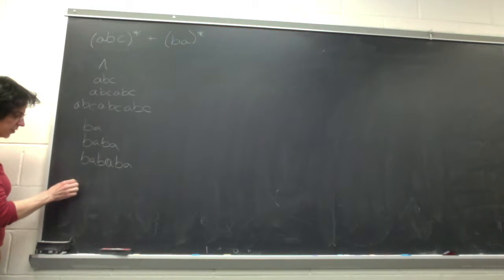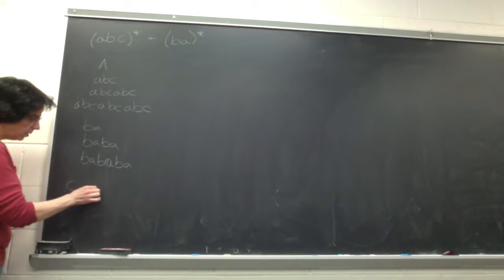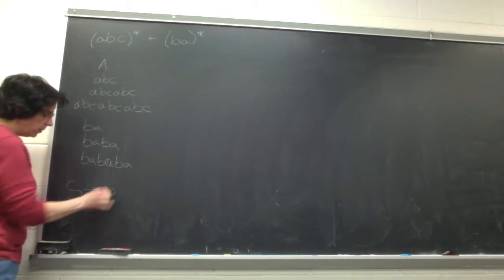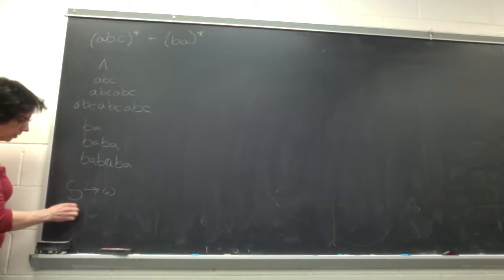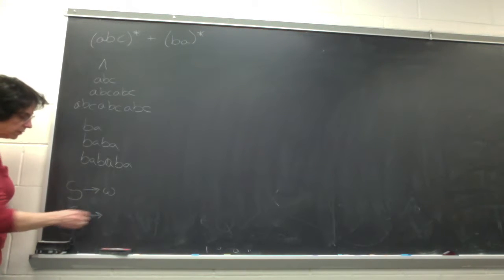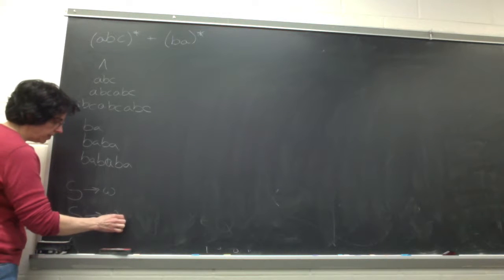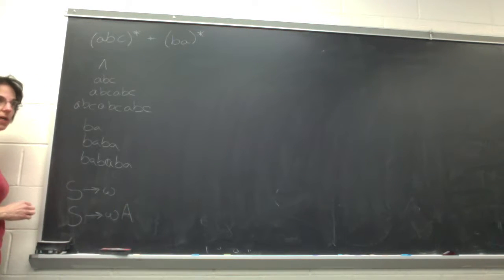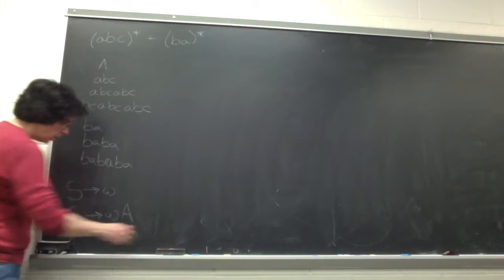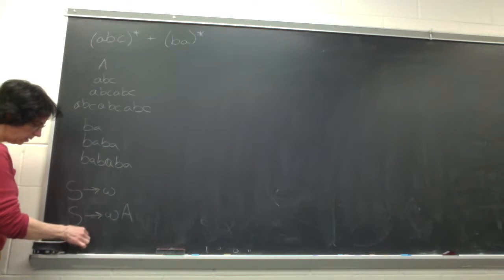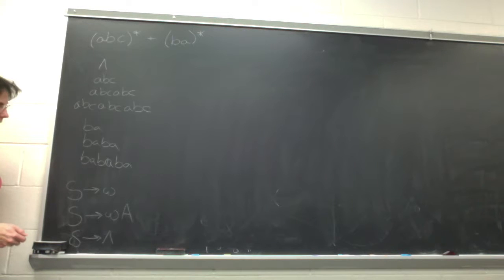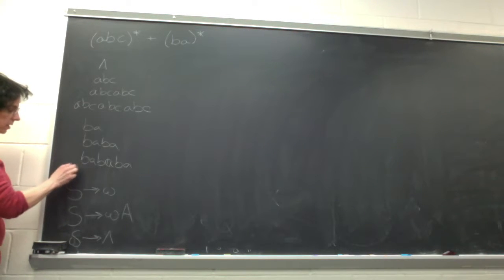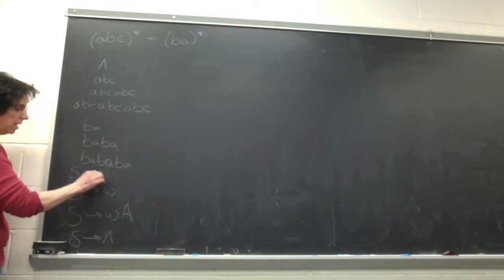It's always things of the form: you can go to just a string, or you can go to a string and then a non-terminal, or you can go to lambda. Is there anything else you can do? Just a non-terminal, right? We can say S goes to A or whatever.